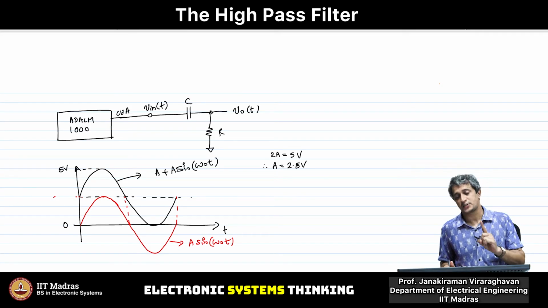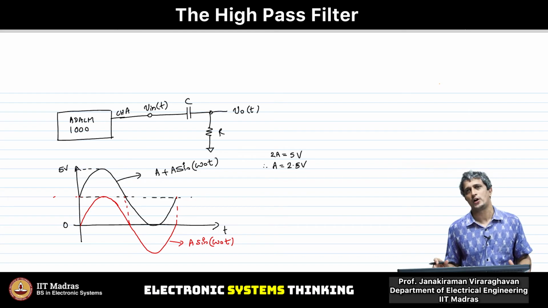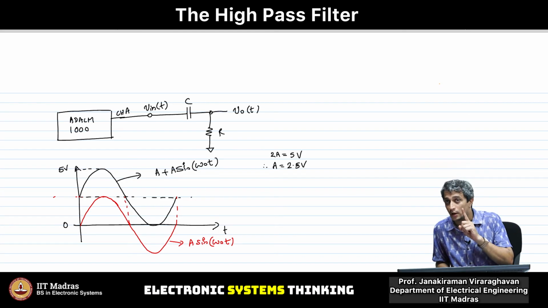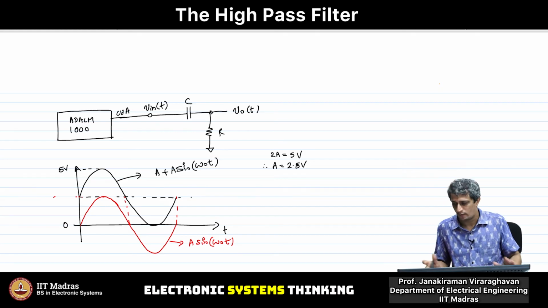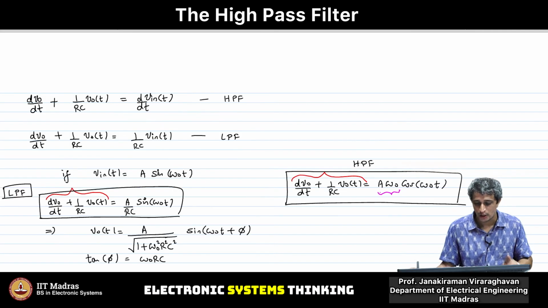So the first thing you must understand is, in the case of the low pass filter and the high pass filter, you were giving a different input from an actual sine wave. We did not give A sin omega naught t as an input to the differential equation.